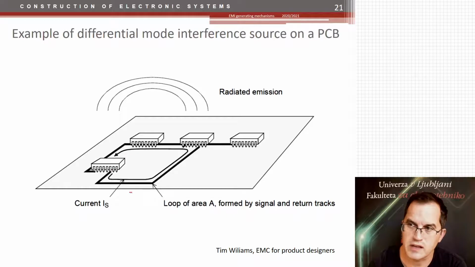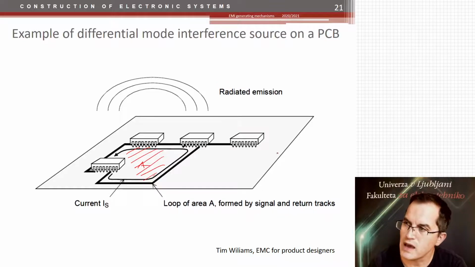If there are connections between different ICs on that PCB, you would get a current loop, which is defined by its area, and that area would then radiate noise. And this is a differential mode interference on a PCB.